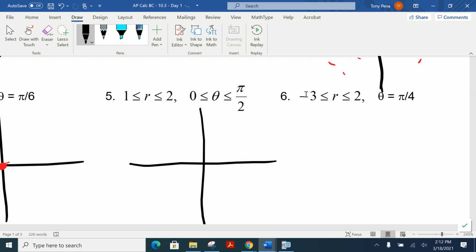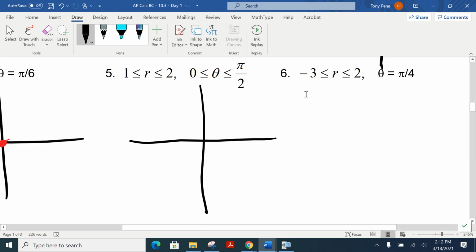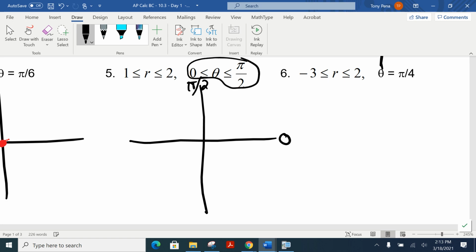Okay, should be a nice, easy way to explain this one. I'm thinking like a shaded area. Good. Should be a quarter of a circle. So if we go from angle 0 to angle pi over 2, so we want all the angles in the first quadrant. That's what this is telling us. We want every r of 1, so that would give us the quarter circle of 1.